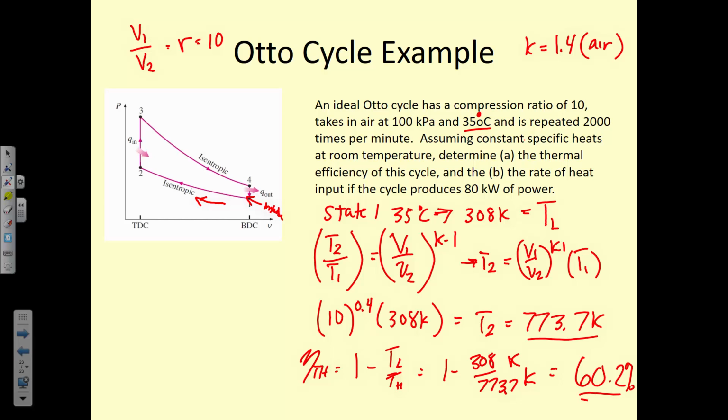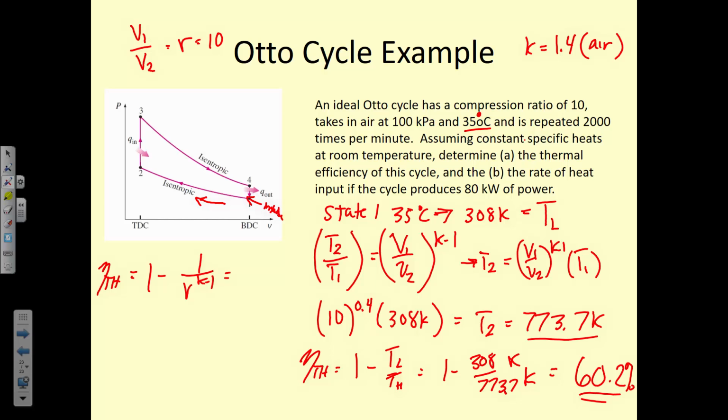Okay, so that's one way to find the thermal efficiency of the Otto cycle for an ideal gas with isentropic processes. The other way, which is the shortcut, which we looked at on a previous slide, is just 1 minus 1 over R to the K minus 1.